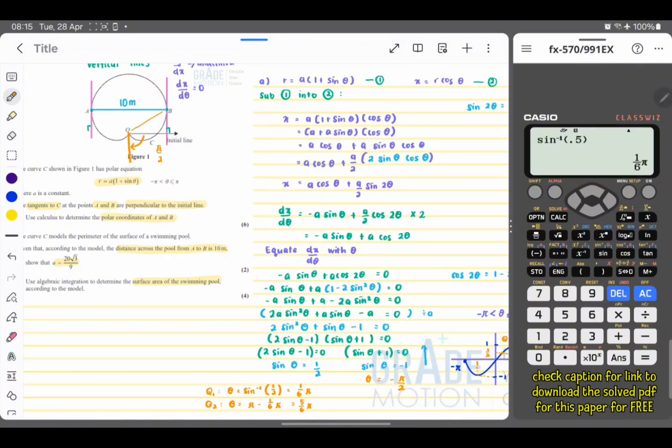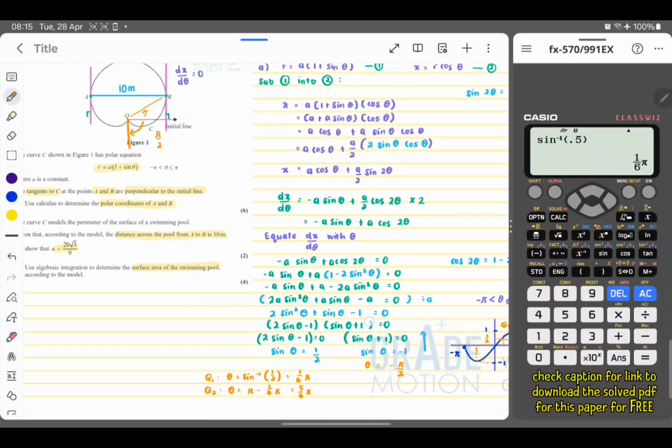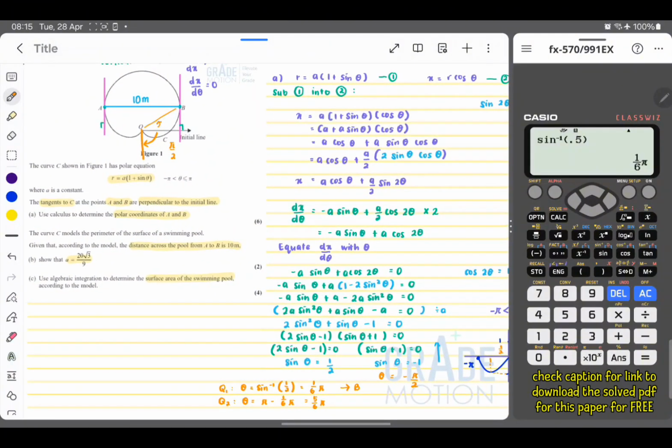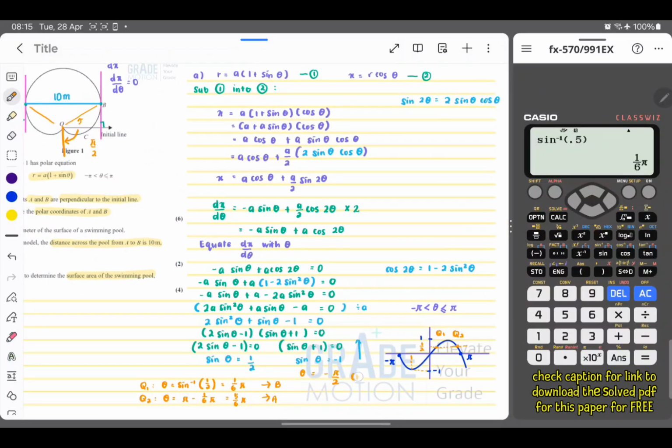So it would be here. So this is for point B. Now, quadrant number 2, 5 over 6 pi. So that would be for point A. Okay, so this one would be rejected.